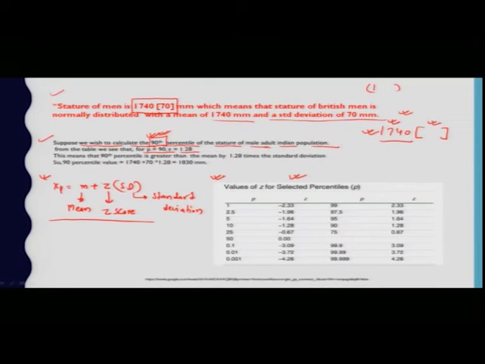This table is giving the values of z for selected percentiles. Here are the percentile values, and these are the possible z score values.